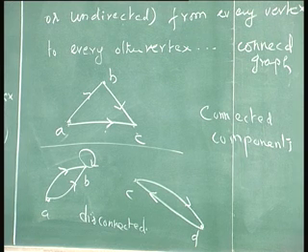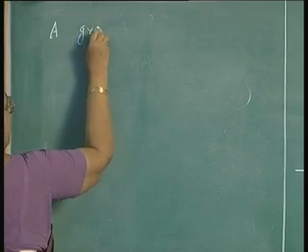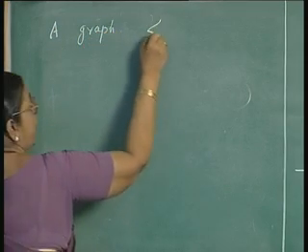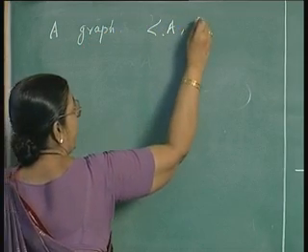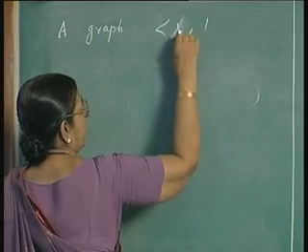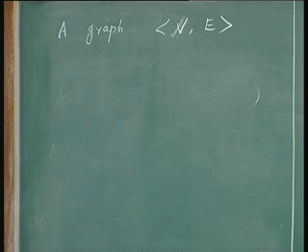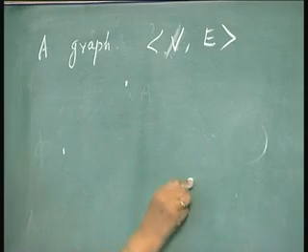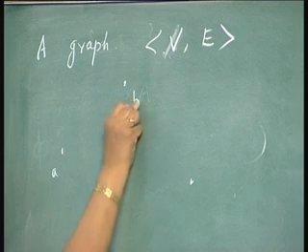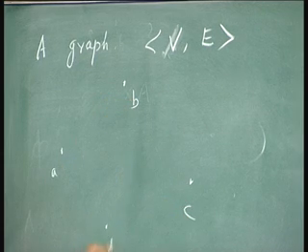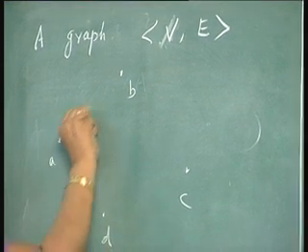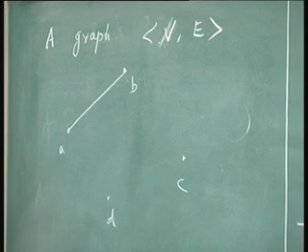Here again a graph means an ordered pair V and E. V is a set of vertices and E is a set of edges. For example, it can be represented like this, say A, B, C, D, and now there is no arrow here.